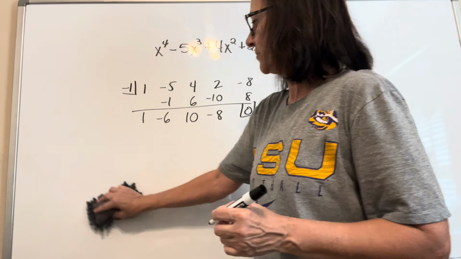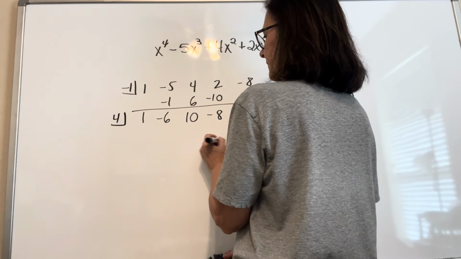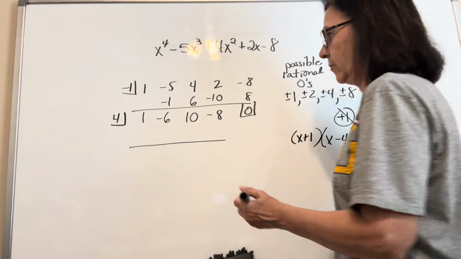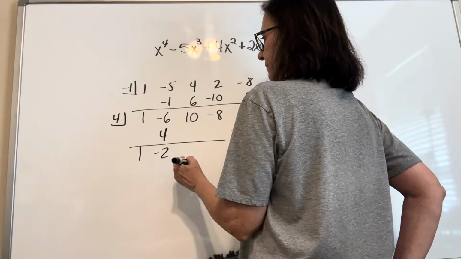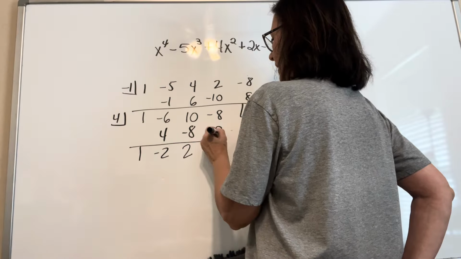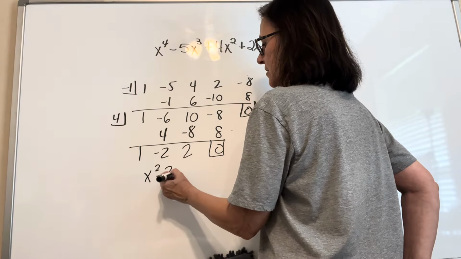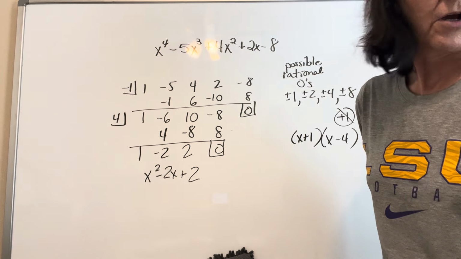I'm going to do synthetic division. Positive 4 works. I'm going to make that an x squared, and then I'm going to the quadratic formula. Bring down, multiply, add. That's negative 8, positive 2, 8, 0. So we end up with x squared minus 2x plus 2. I think that is a complex number.